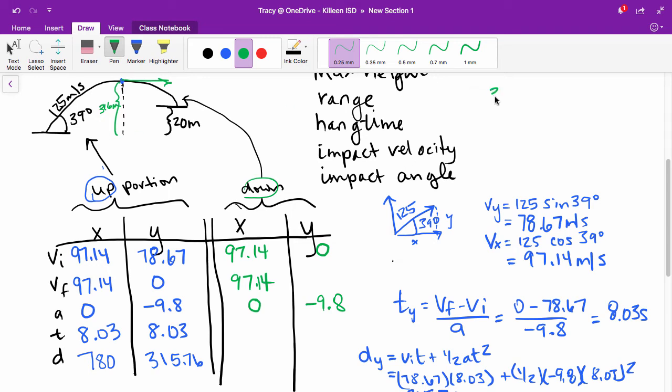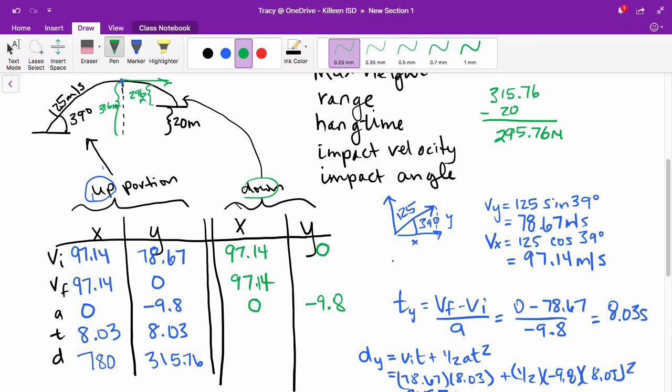So if we do 300, and I'm going to be more precise, 315.76 minus 20, that leaves us with 295.76 meters as this distance. This is not drawn to scale. So that's 296 meters.